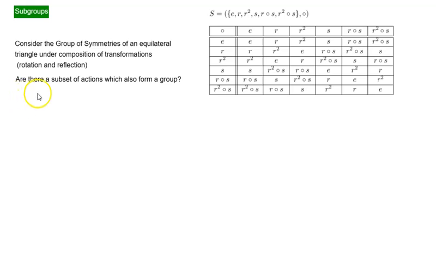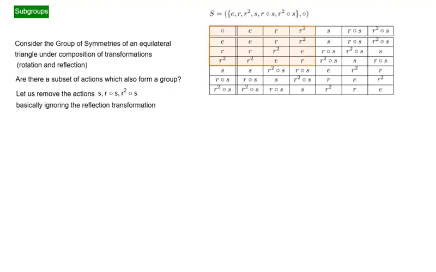Now, is there a subset of actions which also form a group? So let us remove the actions S, R composition S, and R square composition S. If we remove this, then these three columns go off and these three rows go off.